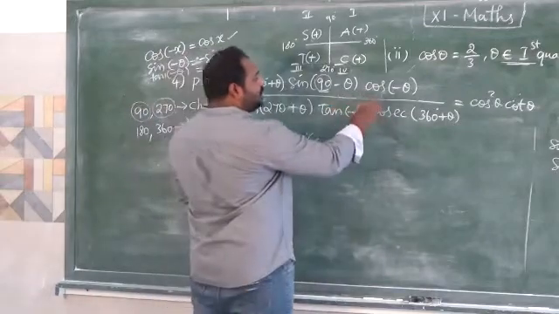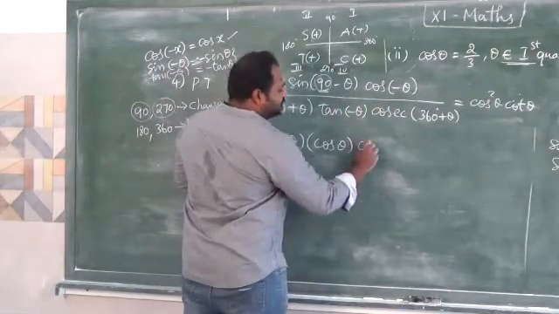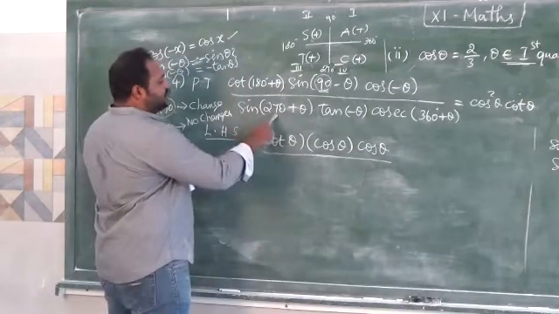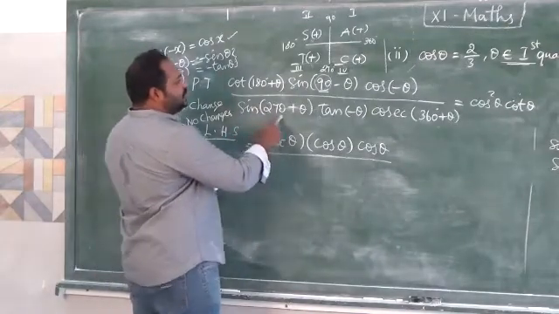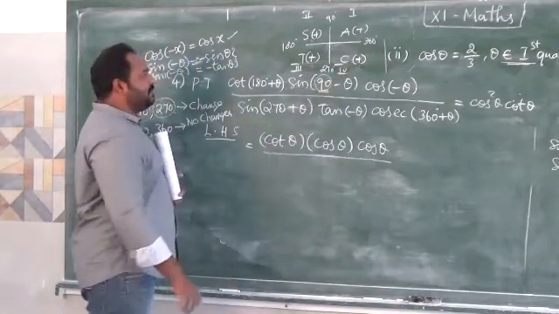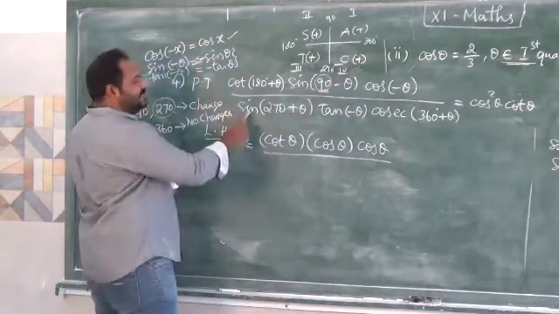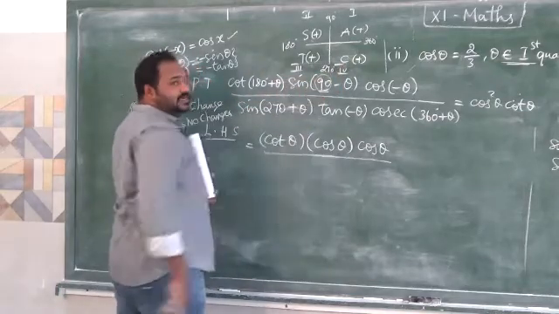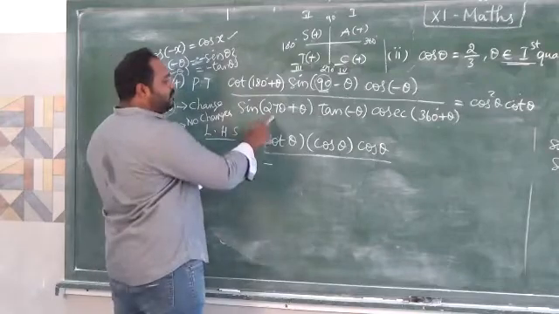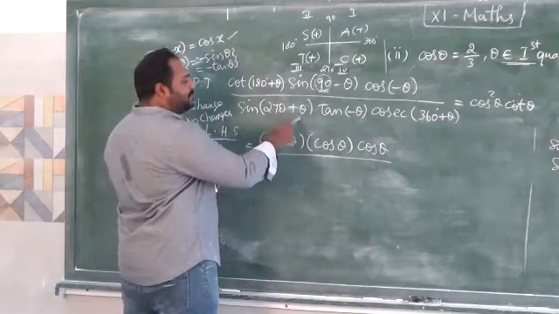So cos of minus theta is cos theta, whole divided by sin 270 plus theta. Which quadrant? 270 plus is the fourth quadrant. In the fourth quadrant, sin is negative, because cos and its reciprocal are positive. Sin is negative, so minus first. Then go for the bracket, 270 plus.